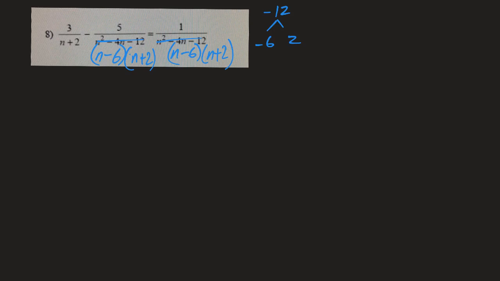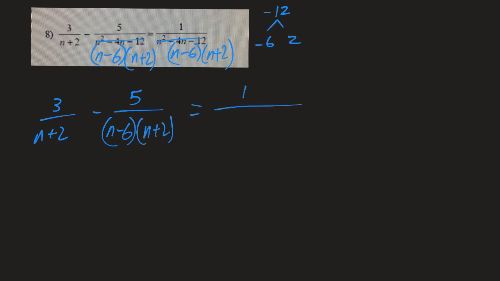So let's see what our equation looks like right now. 3 over n plus 2 minus 5 over n minus 6, n plus 2 equals 1 over n minus 6, n plus 2. Okay, with this written out, let's find those excluded values. So I see two different terms here, n minus 6.